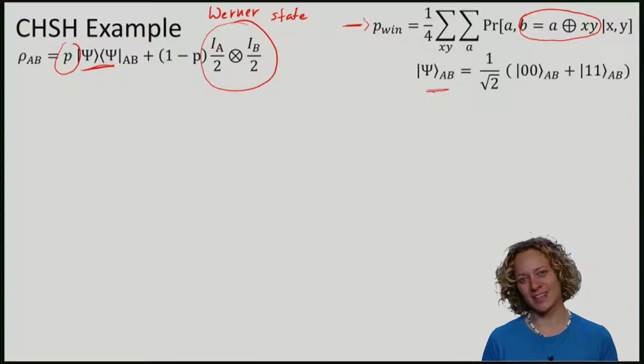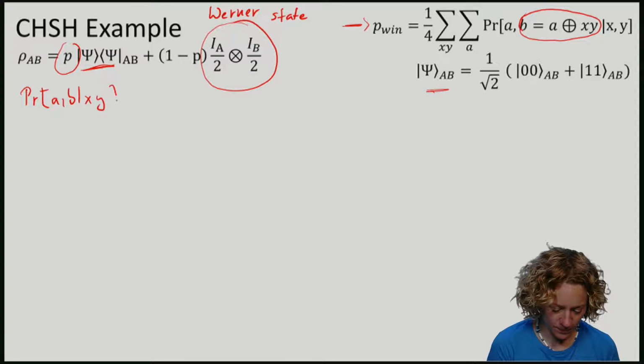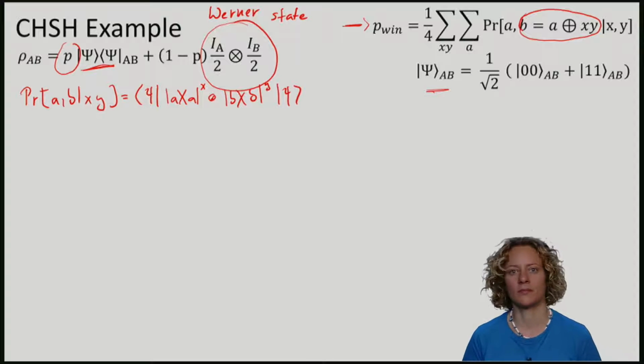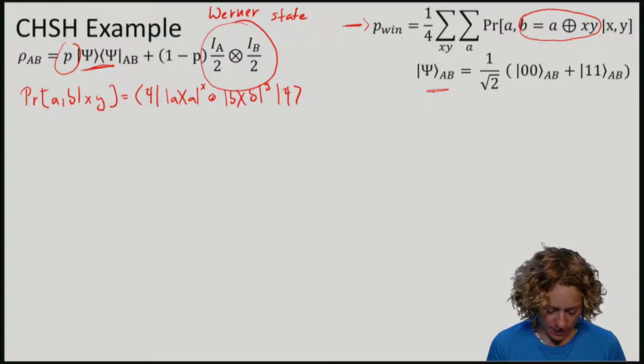To think about this, let's first observe that if I compute the probability of Alice and Bob getting some measurement outcomes, A and B, given questions X and Y, with psi, A for Alice tensor B for Bob, on the maximally entangled state, it looks like this.